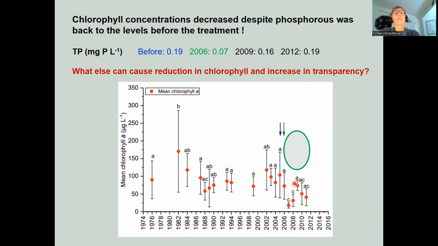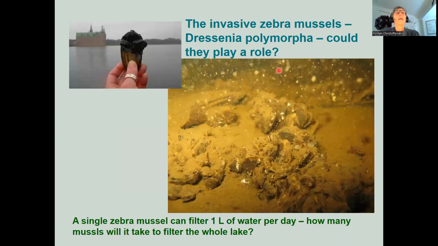So it shows that we have very low chlorophyll levels, despite the fact that we have a high phosphorus. So what can cause a reduction in chlorophyll while we still have an increase in transparency? This might be related to other factors, and one could be the zebra mussels.